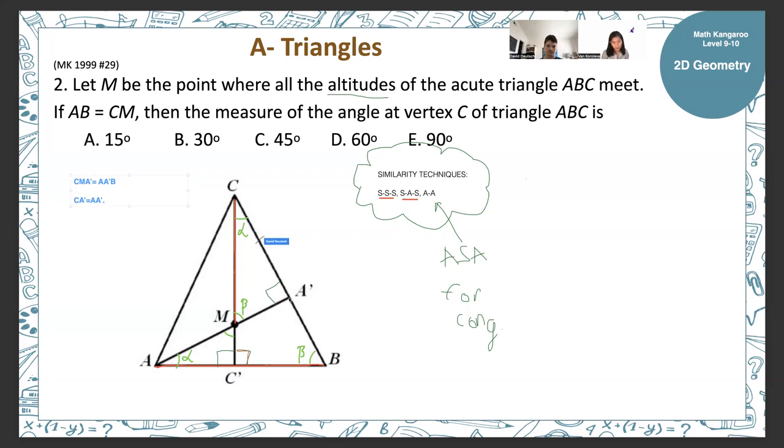So CA prime is equal to AA prime. That means the triangle CA prime A is right and isosceles, right? And that means the answer is C, 45 degrees. Yes, 45 degrees. And as I said, if you draw it to scale, you would see right away that A prime C is right isosceles, and then you go back to what you try to prove.